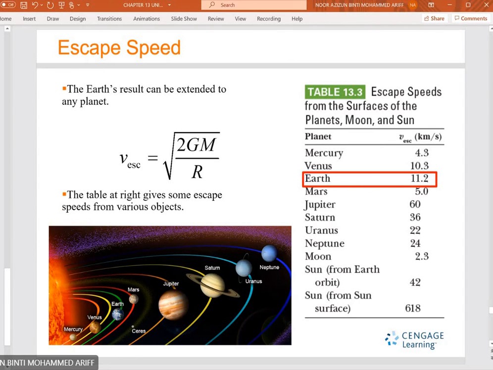For Earth we use the mass and radius of Earth, but for another planet, such as Pluto, Neptune, or Uranus, we use their mass and radius. As you can see in Table 13.3, these are the escape speed values from the surface of the planets, moon, and the sun. For our Earth, the escape speed is about 11.2 km per second, or 11,200 meters per second.